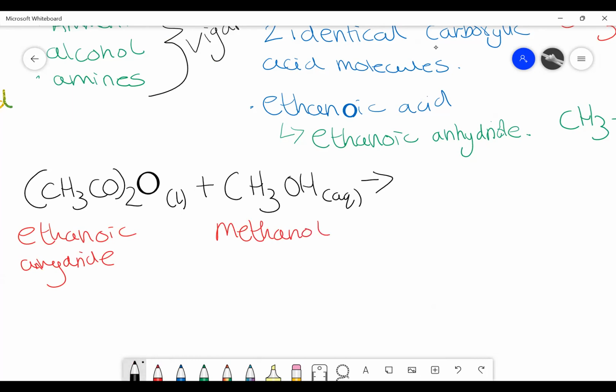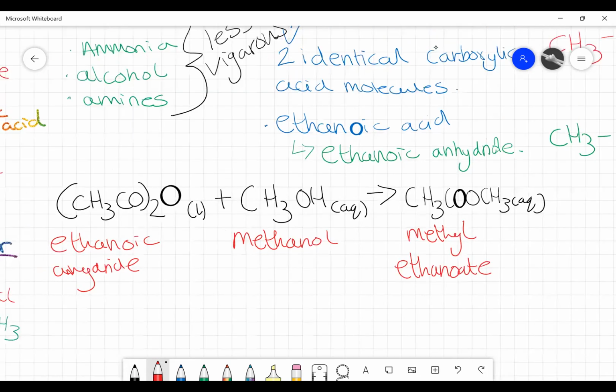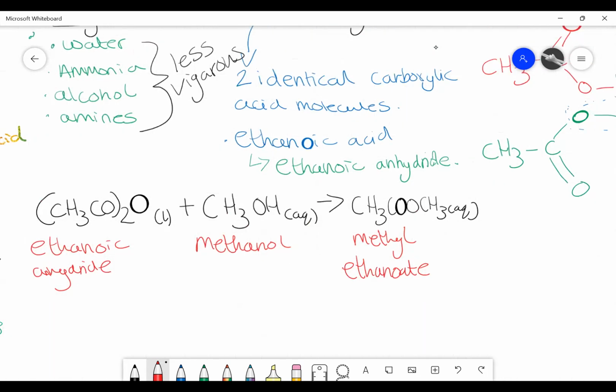And what we get formed is methyl ethanoate, and we still have a carboxylic acid being formed, because it forms exactly the same as it would have done before. So it forms methyl ethanoate. Also, rather than that hydrogen chloride gas being given off, it produces ethanoic acid.